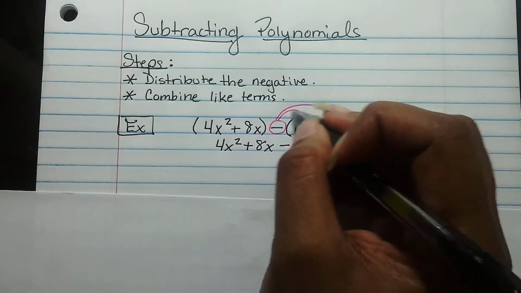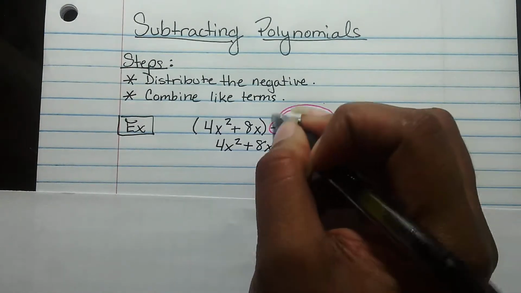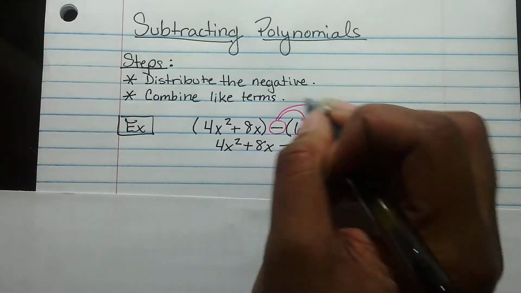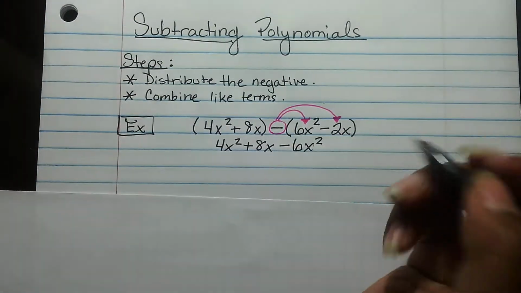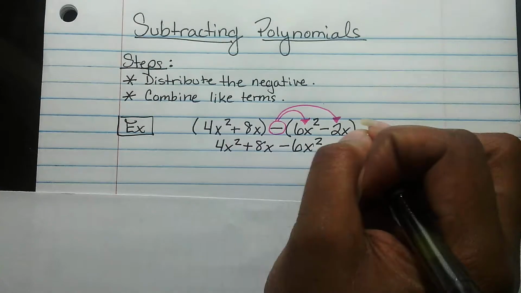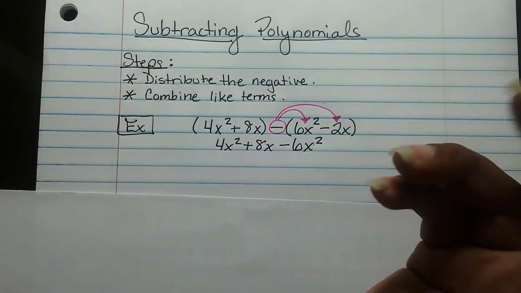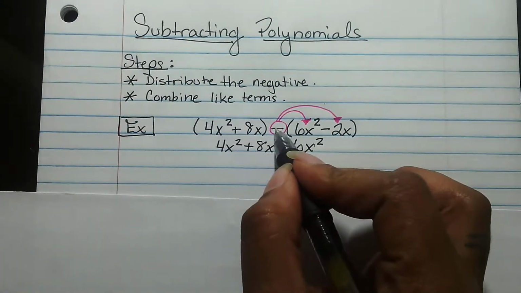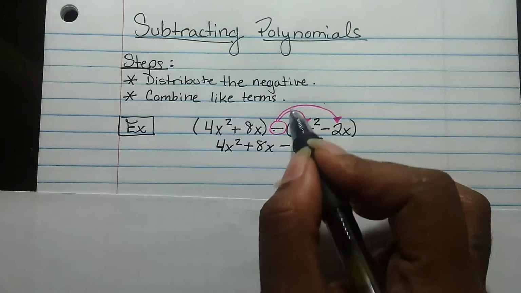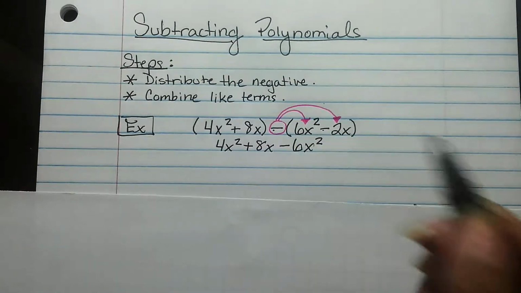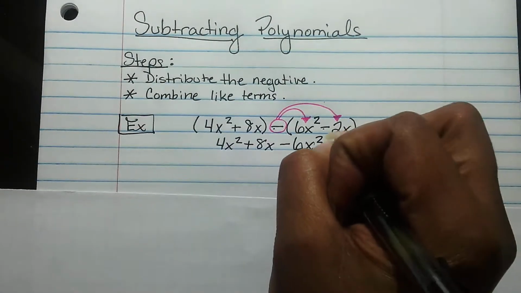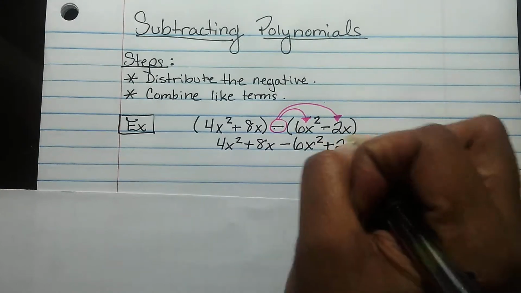And after you do these two, then you have to go to the other term in the parentheses, which is negative 2x. So be careful with this because you have to multiply a negative times a negative, which turns into a positive 2x.